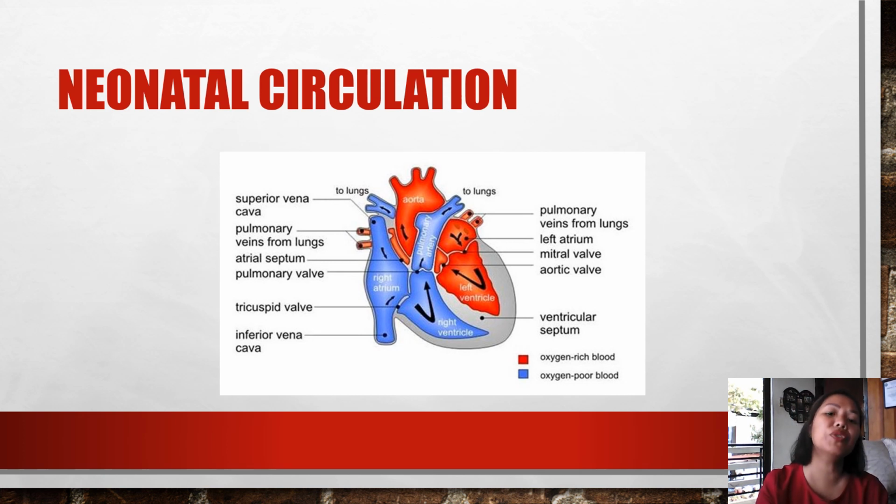So let's now proceed to the neonatal circulation. In the neonatal circulation, the venous return is through the inferior vena cava and superior vena cava.